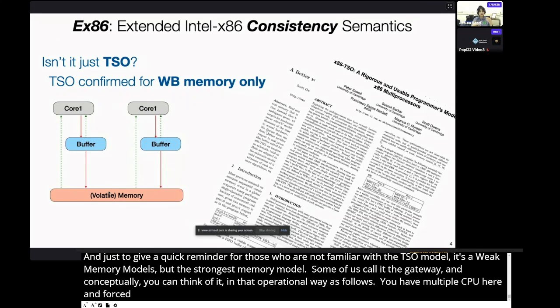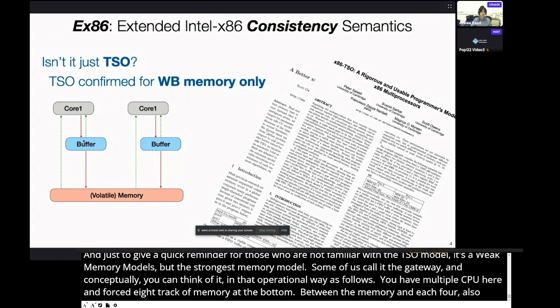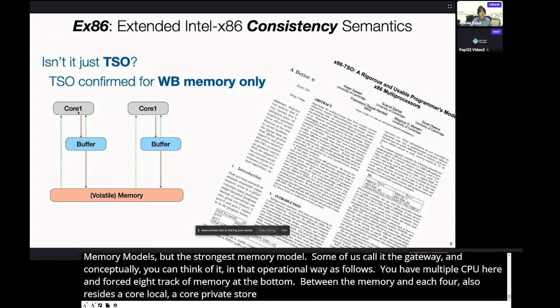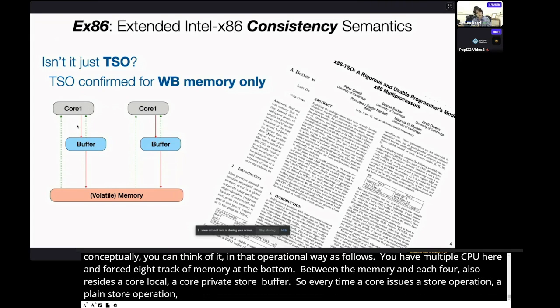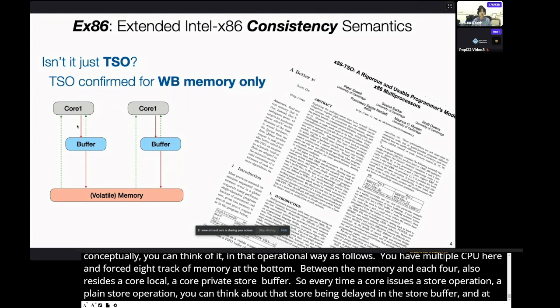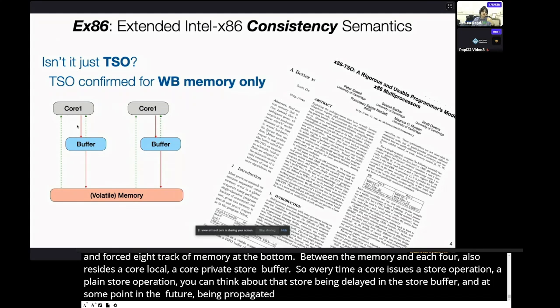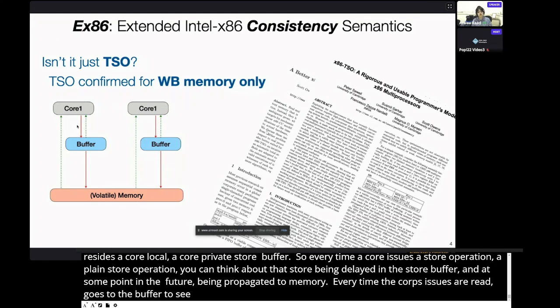But in between the memory and each core also resides a core-local, core-private store buffer. So every time a core issues a plain store operation, you can think of that store as being delayed in the store buffer, and at some point in the future being propagated to memory and becoming visible to other threads. Every time the core issues a read, it will first go to the buffer to see if there is a pending write there, otherwise it will go to memory.